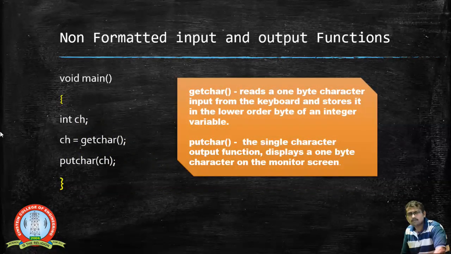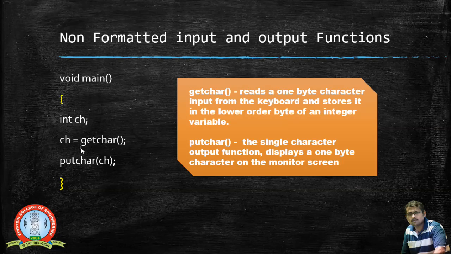Now let us see an example of non-formatted input. This is a small program where we have a variable ch which is declared as an integer, and ch is equal to getchar. So now we know the usage of this getchar function. It reads a 1 byte character from the keyboard and stores it in the lower order byte of the integer variable.